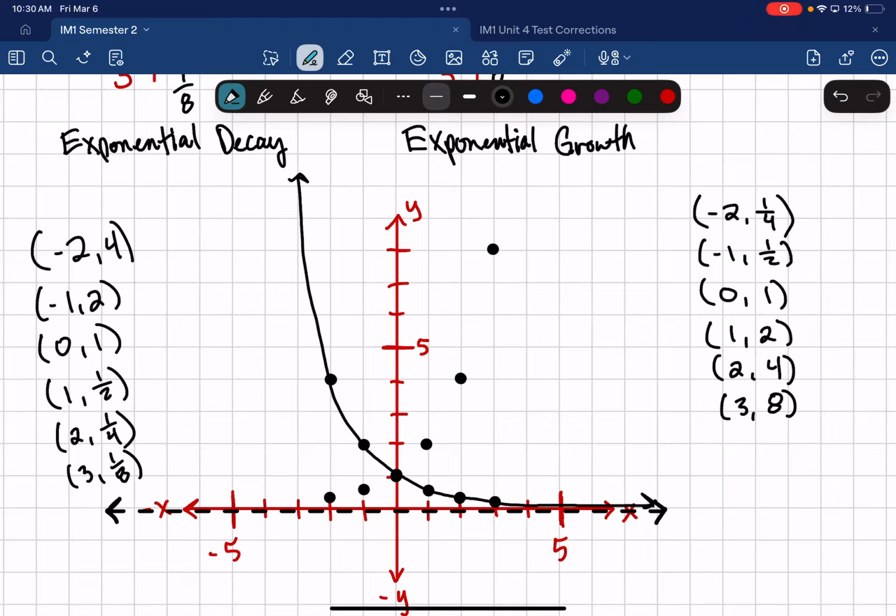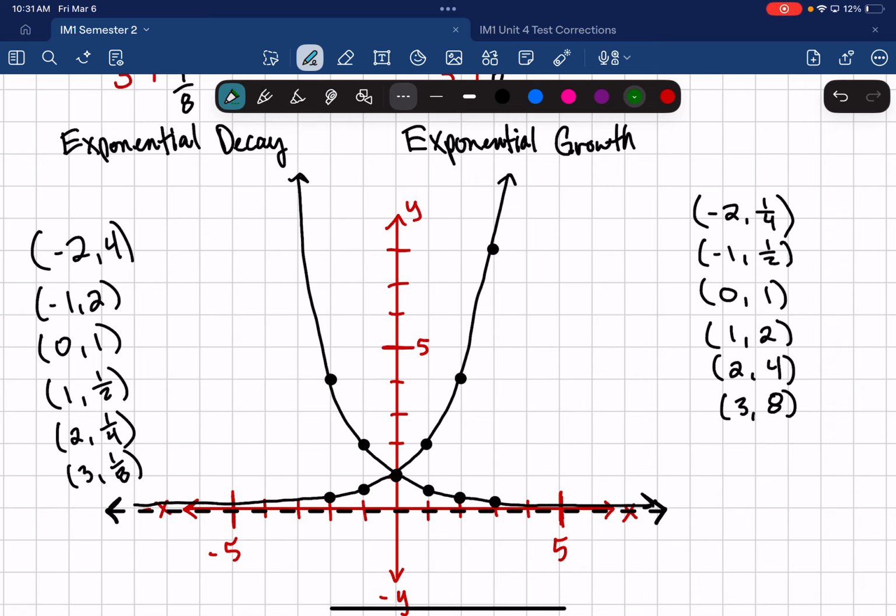And same thing, remember, we're going to come along the asymptote, and then shoot up. And we should see that pattern.